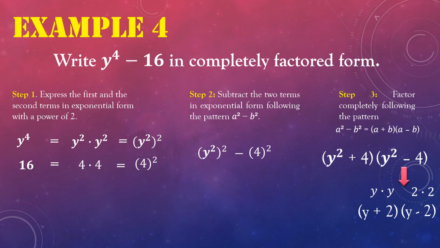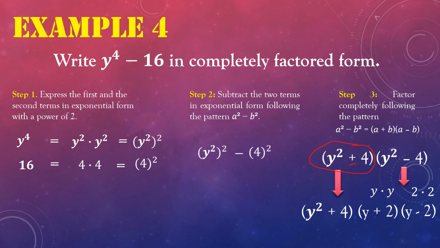However, y squared plus 4 cannot be factored out because it is not a difference, but it is a sum. Okay? So all we need to do is to bring this down.